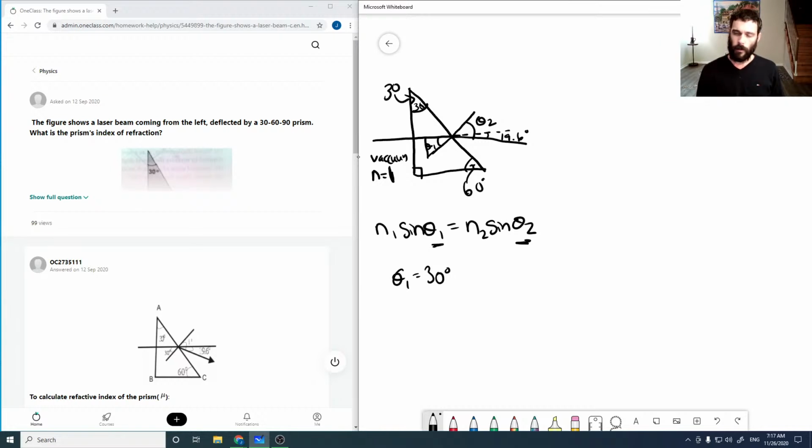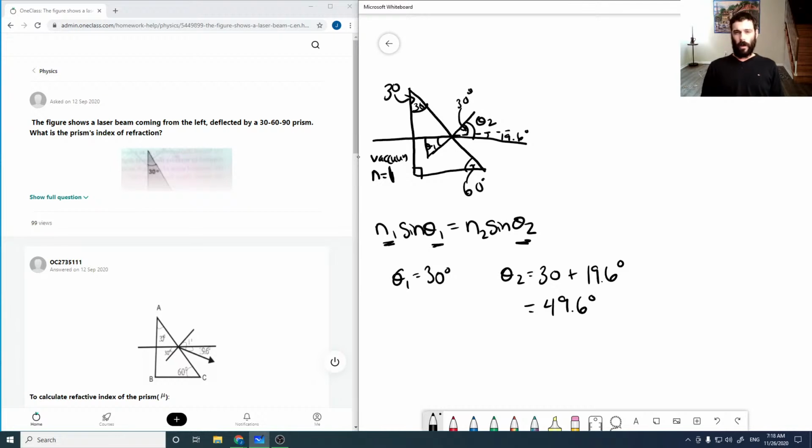And so that means that although theta 2 is not 30 degrees, it does mean that that angle in there is 30 degrees. So that means that theta 2 is 30 plus 19.6, which is 49.6 degrees.